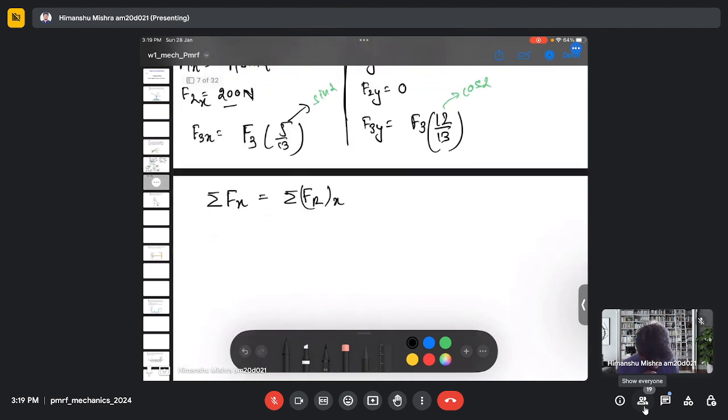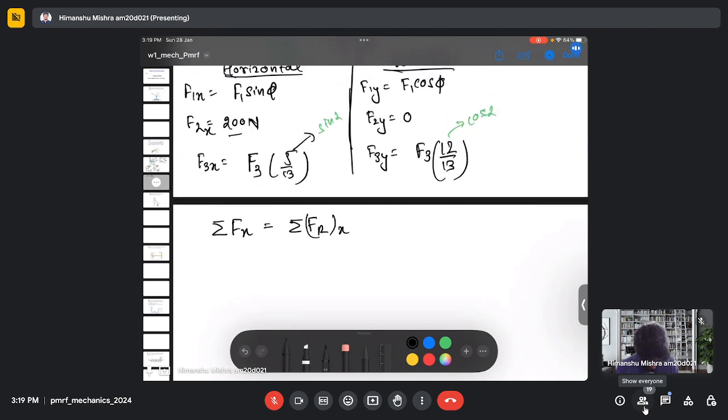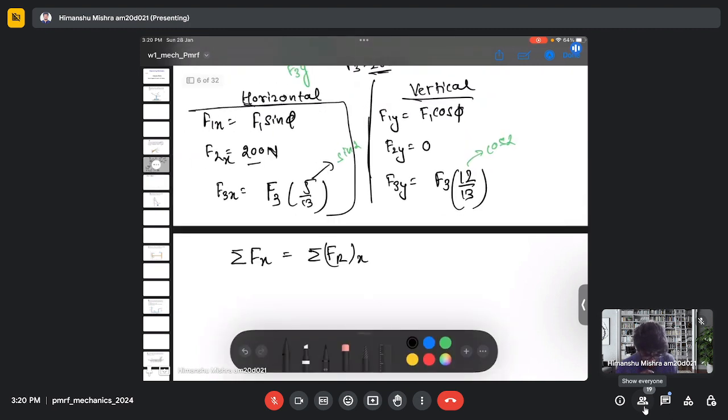So basically, the x component of force will be, now we just need to add all these components of the forces.